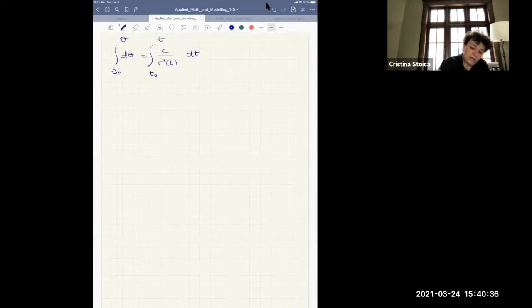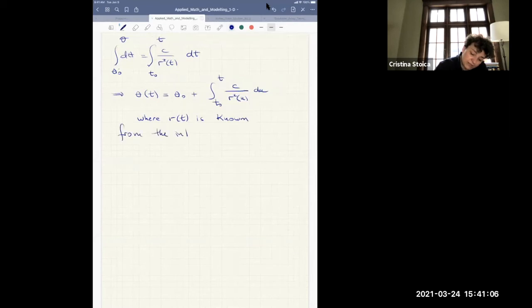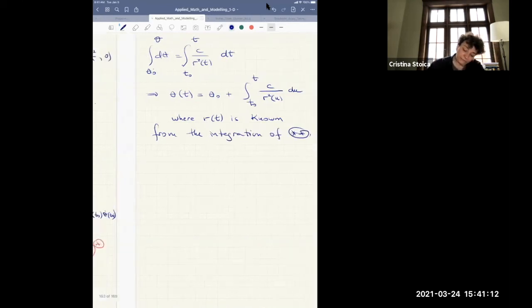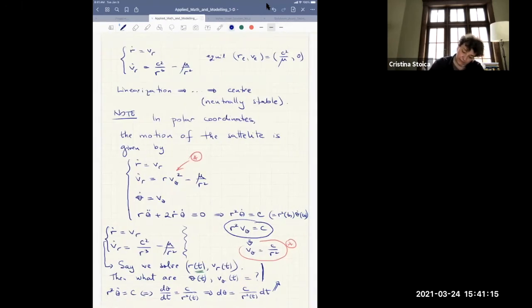From t0 to t, if you want. So we end up with theta of t will be theta 0 plus the integral from t naught to t of C over r squared of u du, where r of t is known from the integration of the double star equation.